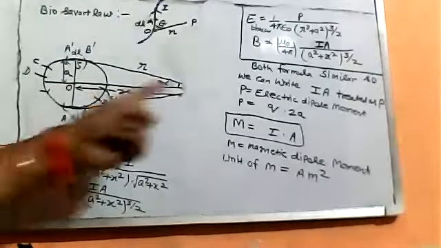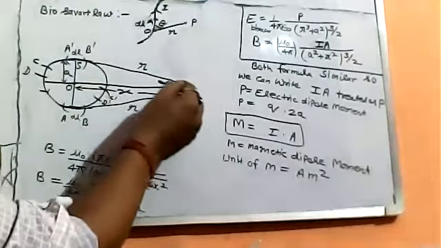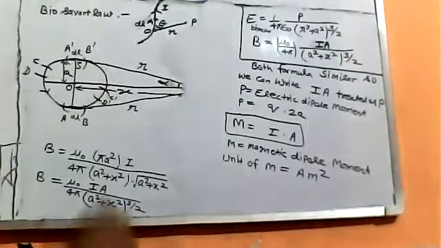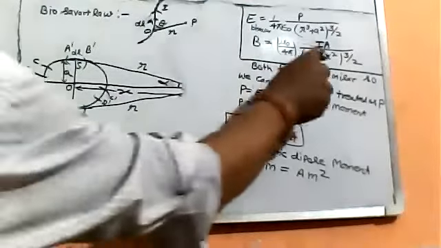OP distance was equal to X. When point P comes near the center and finally coincides with O, what will be the value of distance X? It is 0. In case of the center there is no distance, so in the general formula you will put X equal to 0.